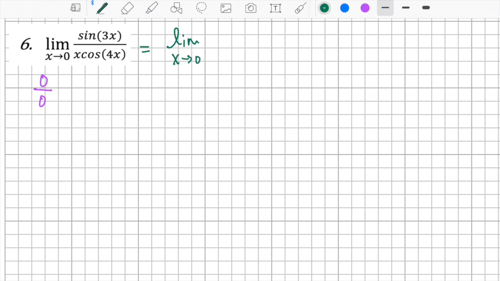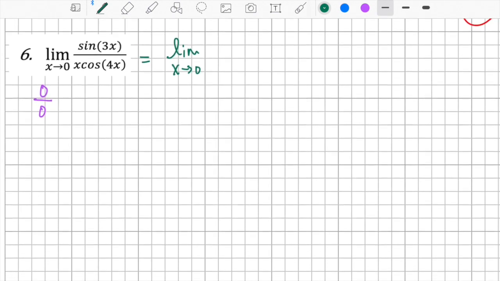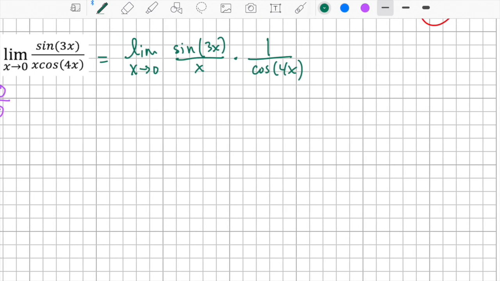So this time, what I'll do is I'm going to split it up. I'll write it like this: sine of 3x over x times 1 over cosine of 4x. That's the exact same thing. I can do that.